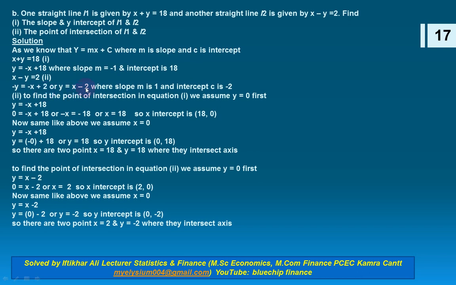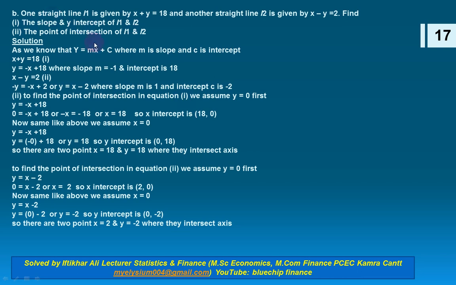So y equals x minus 2. Here the slope is 1 and the intercept is minus 2. So that is the first part of the question.